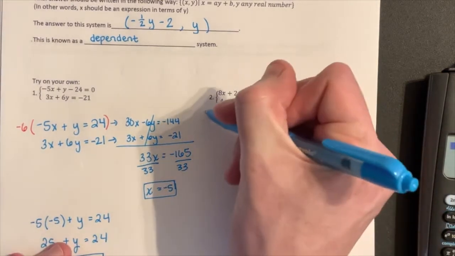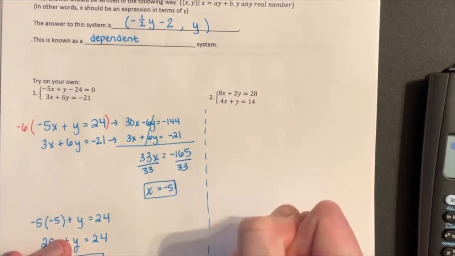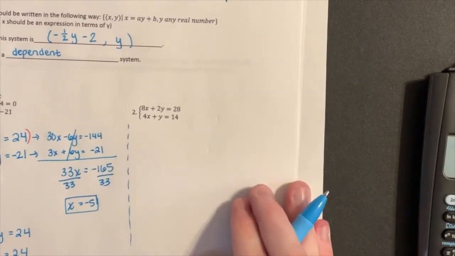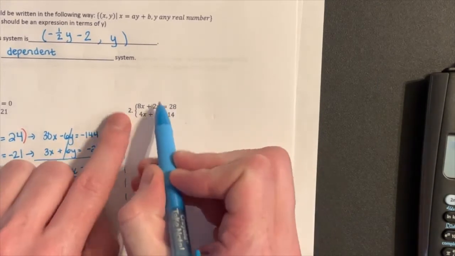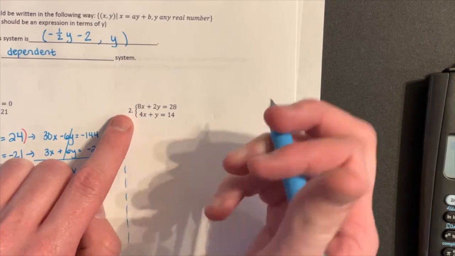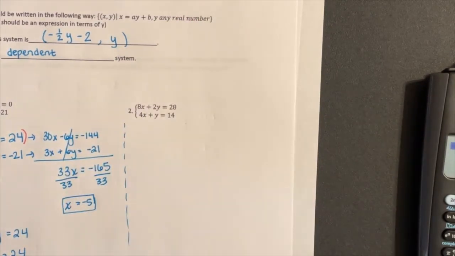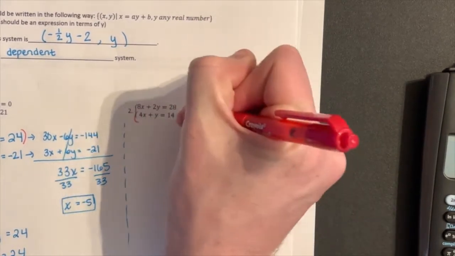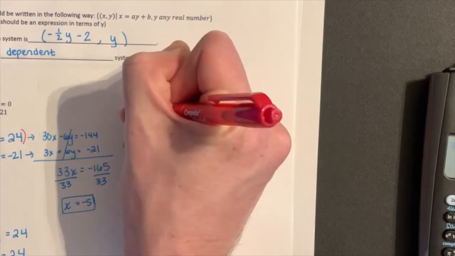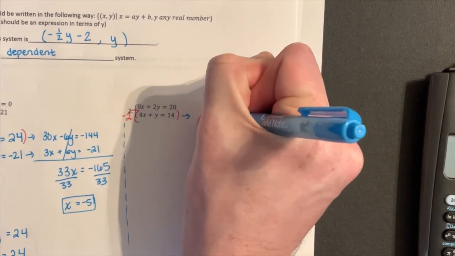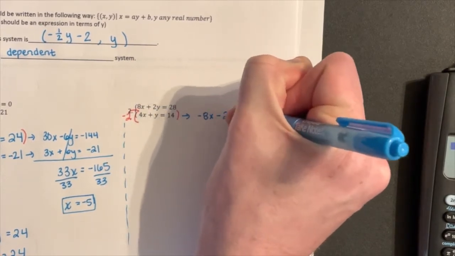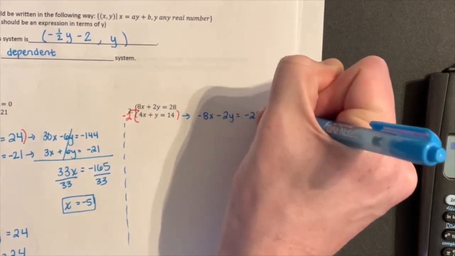And then the second example here that you had, you can multiply either one of these, it doesn't matter, but I'm going to multiply the bottom one by -2. So I would end up with a -8x, -2y, and -28.